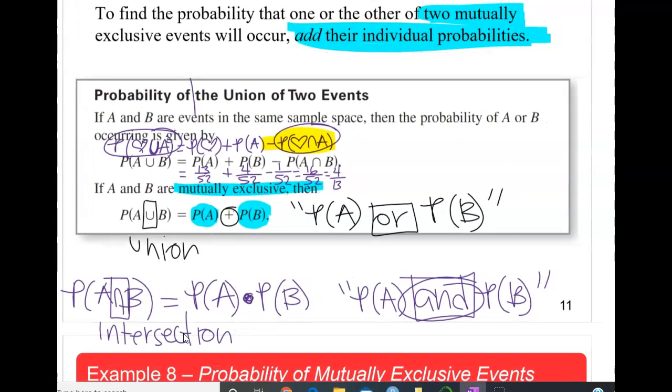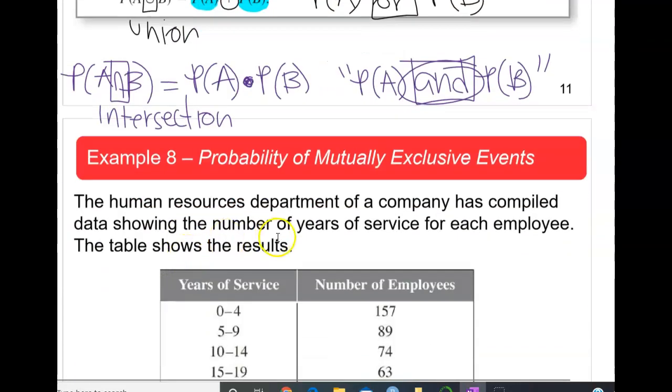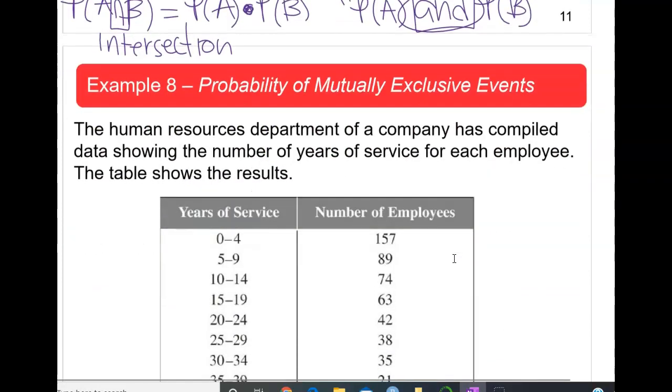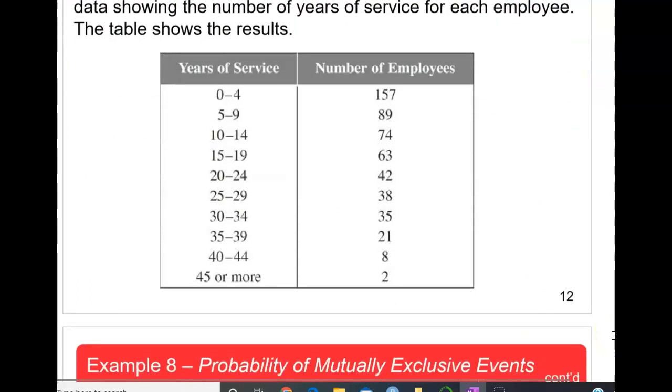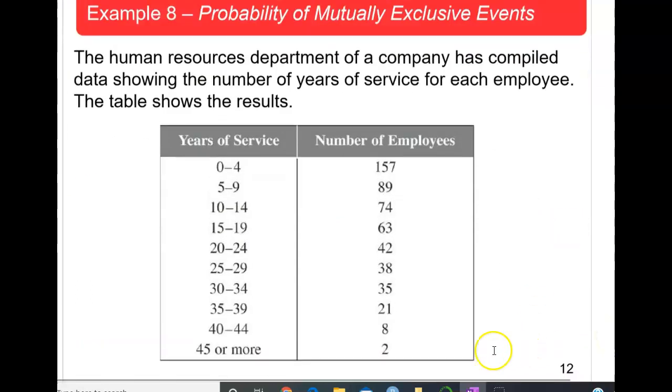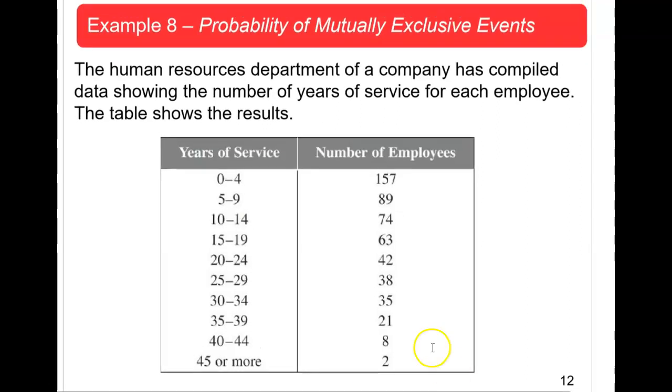So next slide, we have here example 8, and it talks about the human resources department of a company has compiled data showing the number of years of service for each employee, and the table shows the results. So you could see on the left column, we have the number of years of service.